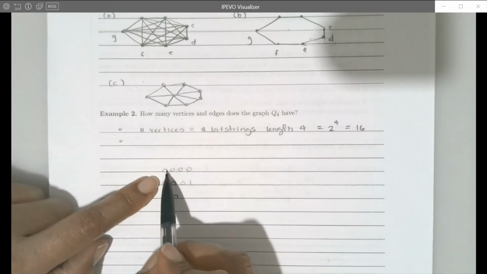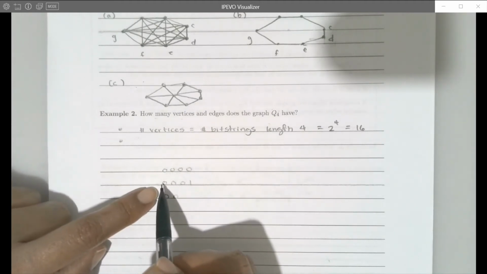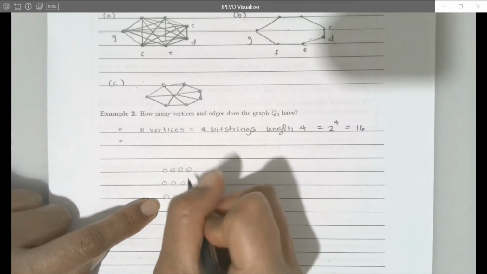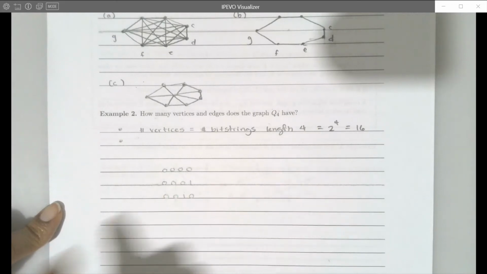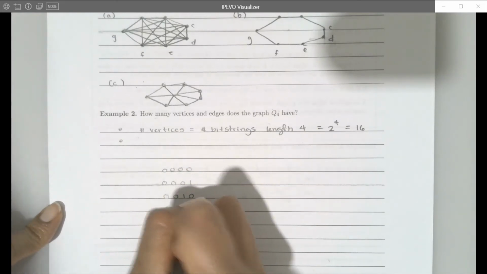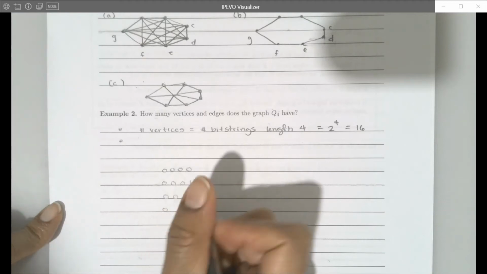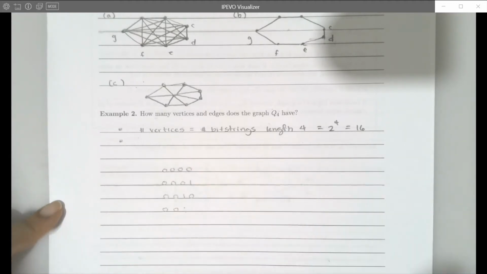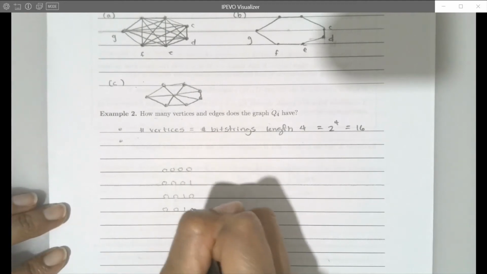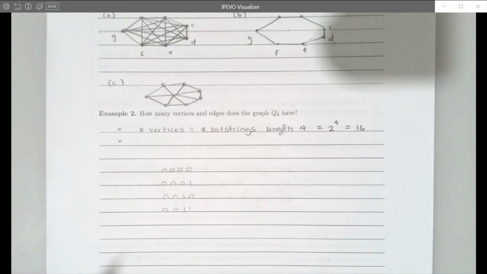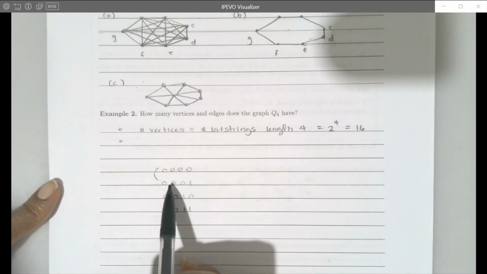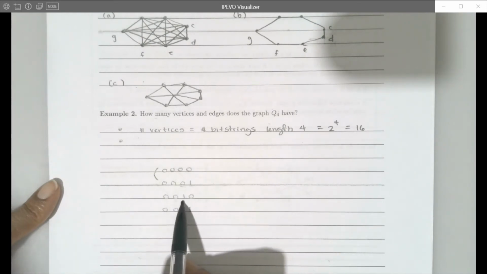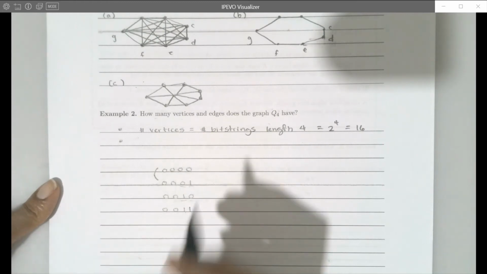Okay, so I'm starting with the bit string of all zeros, then 3 zeros and a 1. Then I'll still have just a 1. I'll have 0, 0, 1, 0, so I'm just going to swap the order of those. And then I'll have 0, 0, 1, 1. Okay. And all of these bit strings are going to have connections between them, except for these middle two, because these are different in 2 different bits.